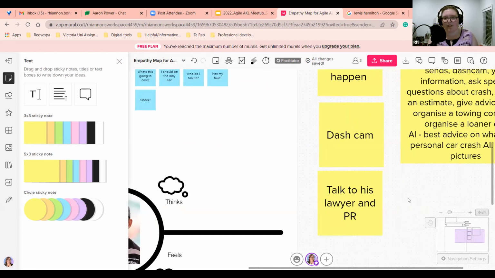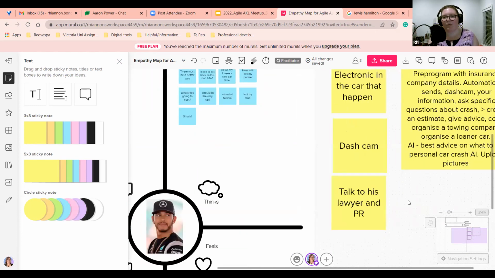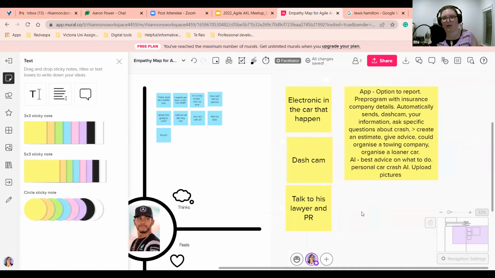So when I thought about how he might solve this: because he's quite wealthy, he might have some electronics in his car, a pretty good phone. He's probably got a dash cam, and he'll probably talk to his lawyer or his PR team or someone like that.